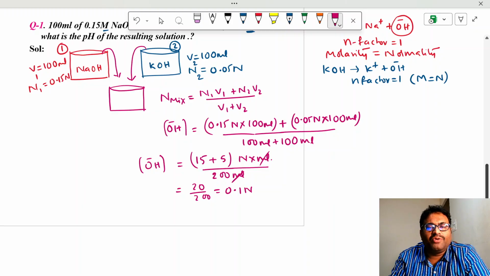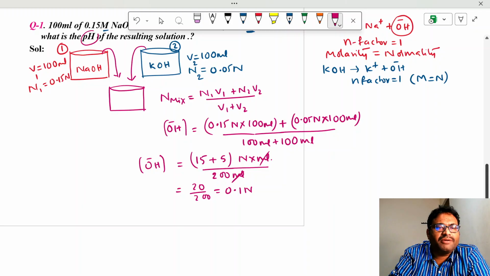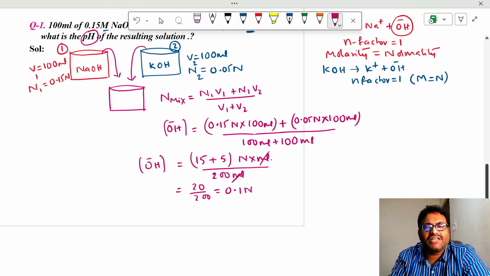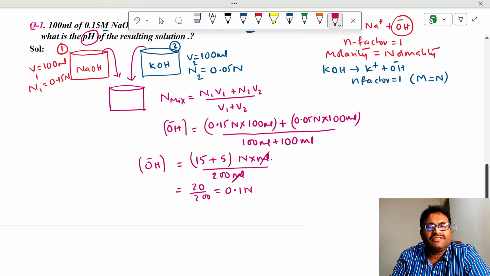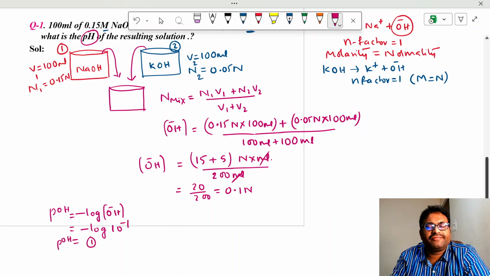So now we are having OH minus ion concentration. But in the question, pH is asked. Now we can calculate pOH. pOH is equal to minus log OH minus ion concentration, that is equal to minus log 10 power minus 1, that is equal to 1. So pOH is 1.